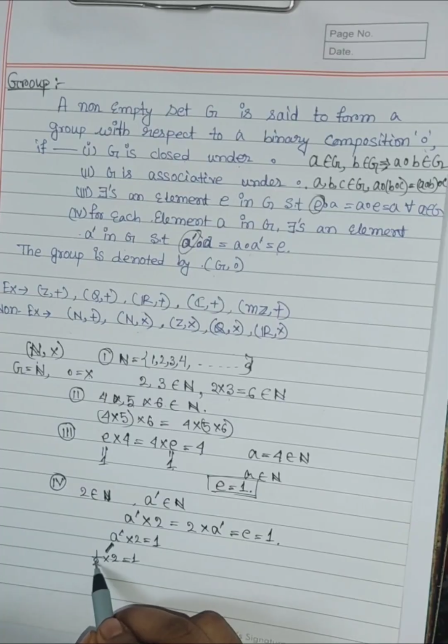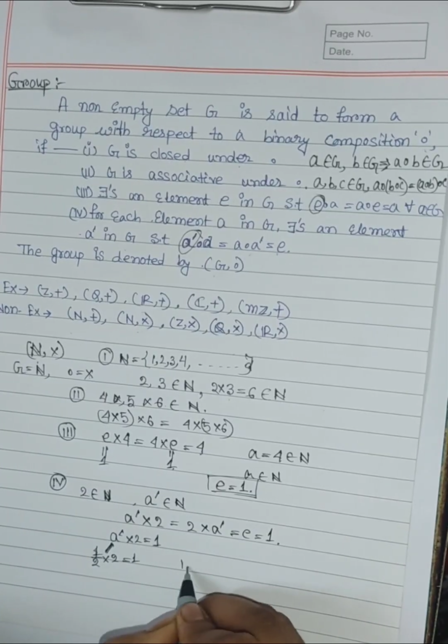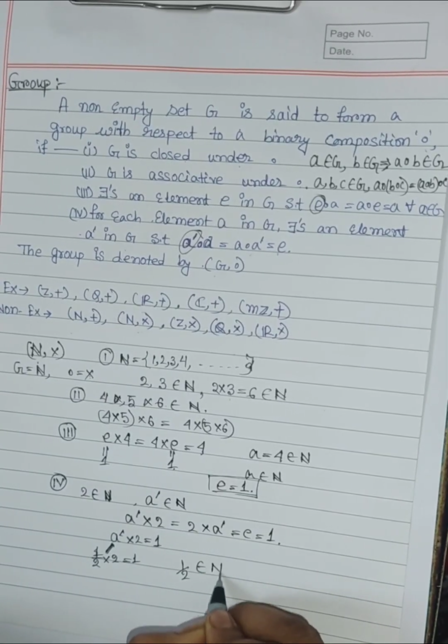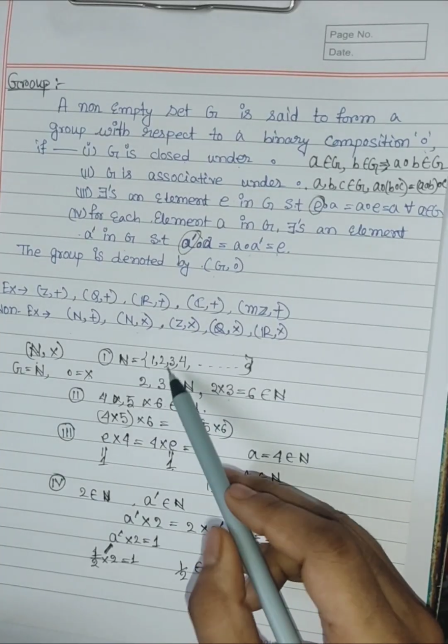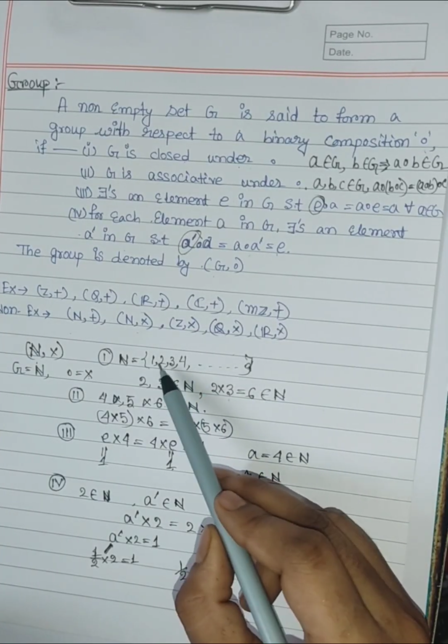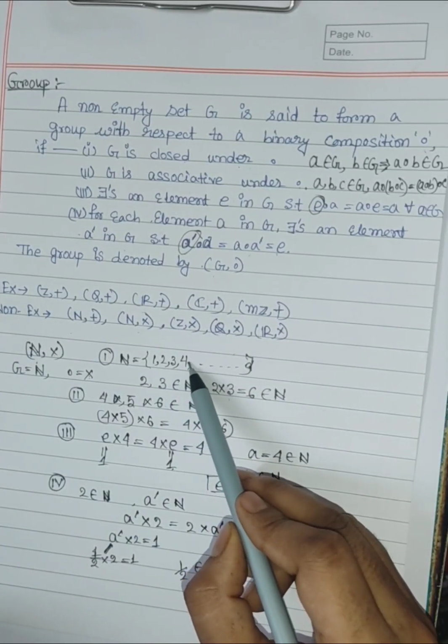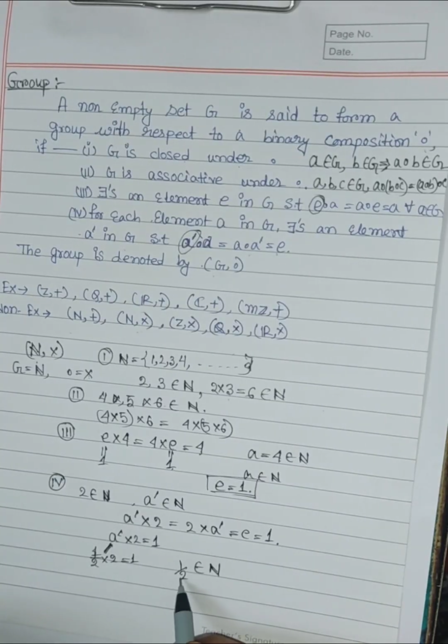So A dash is 1 by 2, but does this 1 by 2 belong to the set of natural numbers? No. The set of natural numbers is 1, 2, 3, 4 and so on, not the rationals, and 1 by 2 is a rational number.